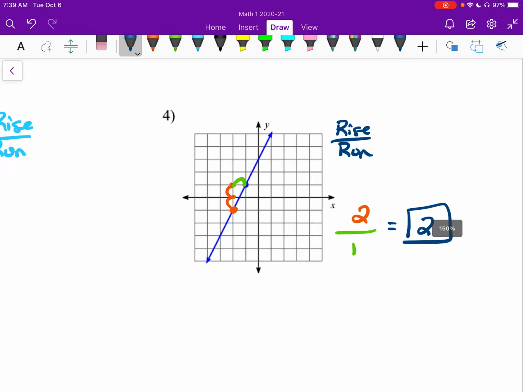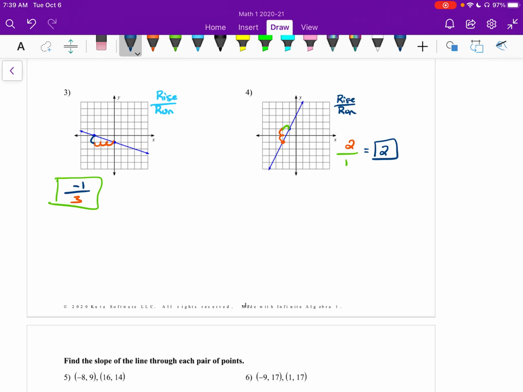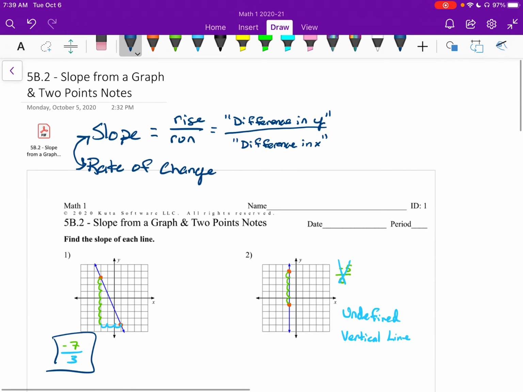All right. Number 5 and 6, all of these talk about find the slope of the line through each pair of points. So we don't have a graph, we just have points. Now let's go back up to the top and we'll look at our notes, or our formula rather.